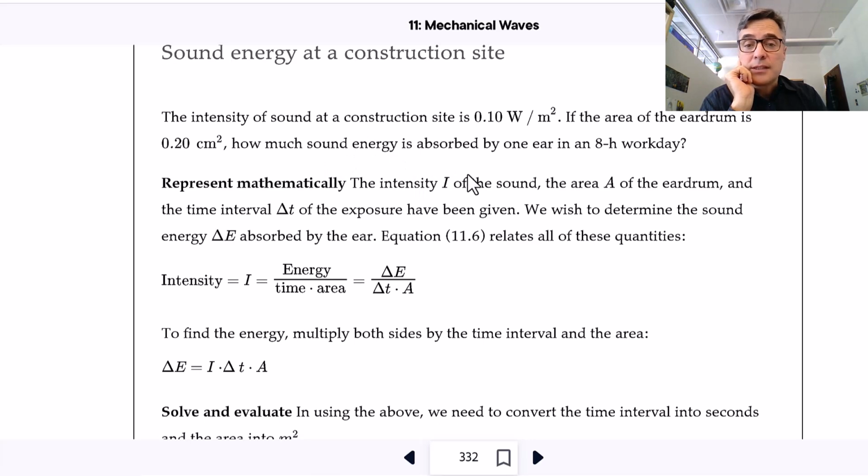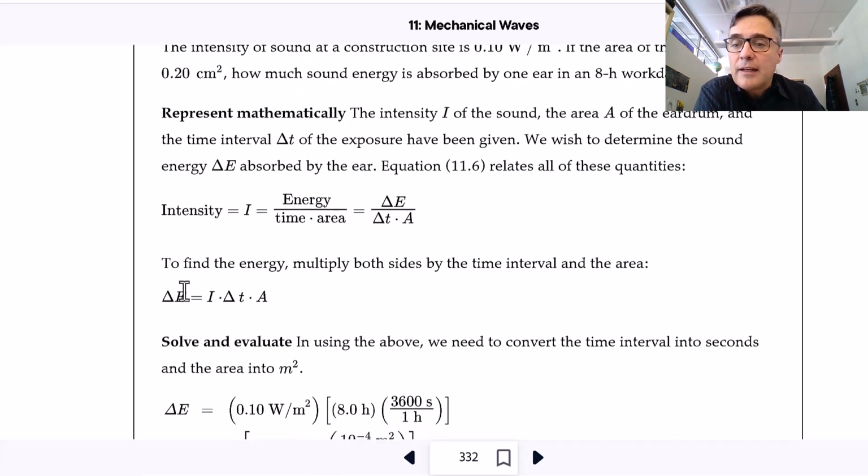So that's where the intensity of the sound wave is coming from. Its intensity is energy divided by time and divided by this cross-sectional area, an area that's perpendicular to the direction that the sound wave is traveling. You know that it's 0.1 watts per meter squared.